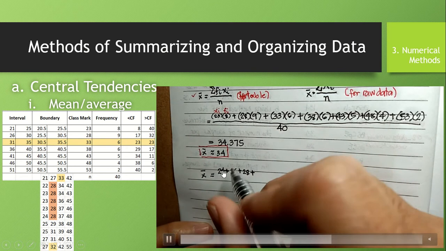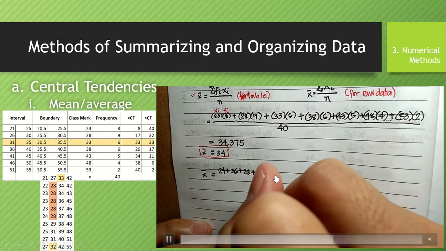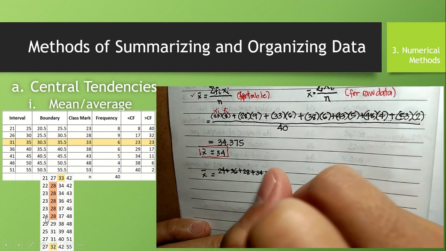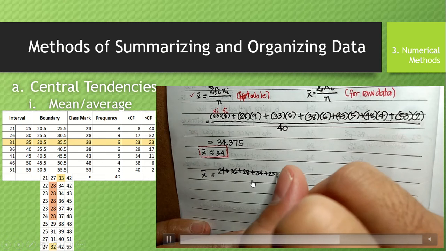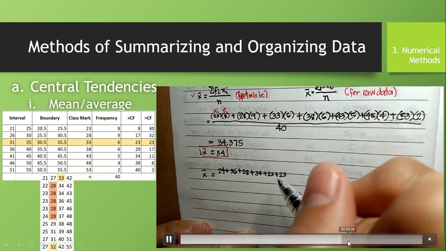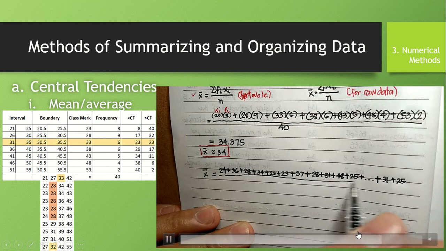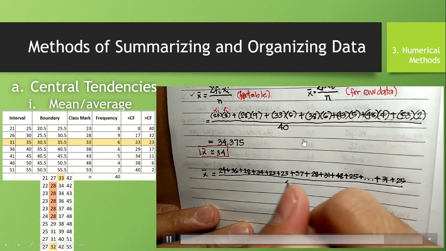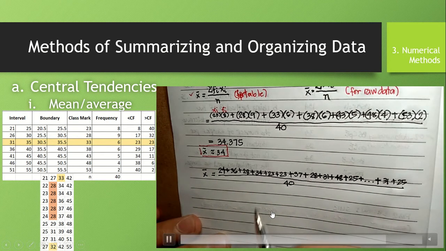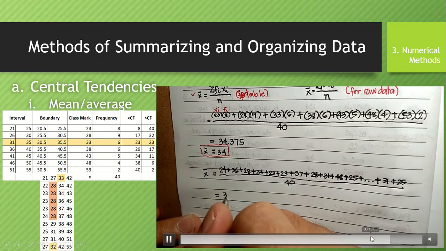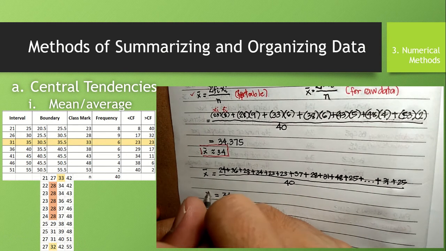This is based on the unsorted data. However, you can still use the sorted form, from 21 until 55, and the result will be just the same. So sum all of the 40 values and divide them by 40, and you will get the value which is equal to 34.